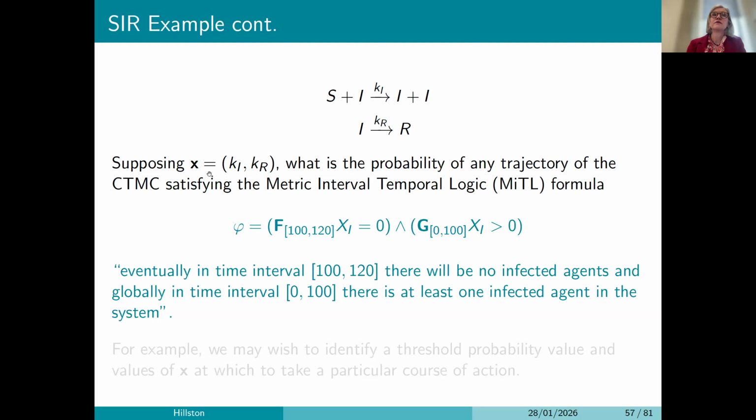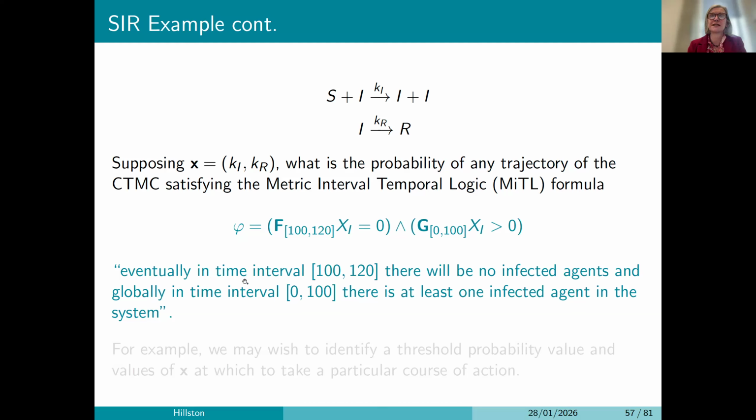Supposing that this is our unknown parameter x, we want to look at the probability of satisfying our formula, which is written in the particular logic that I'm using, metric interval temporal logic.